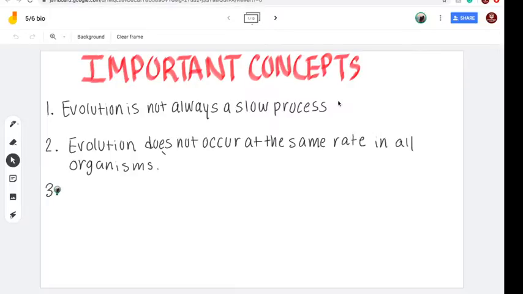Number three, we have that evolution does not always cause organisms to become more complex.